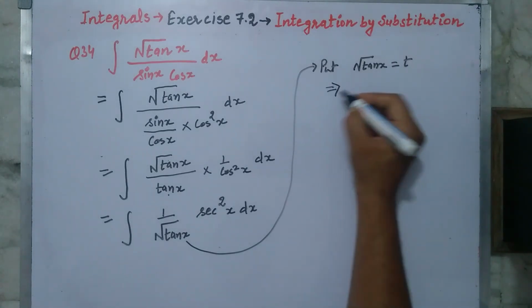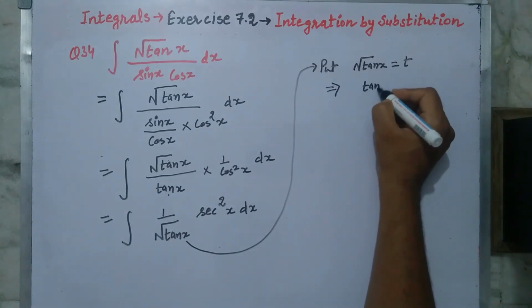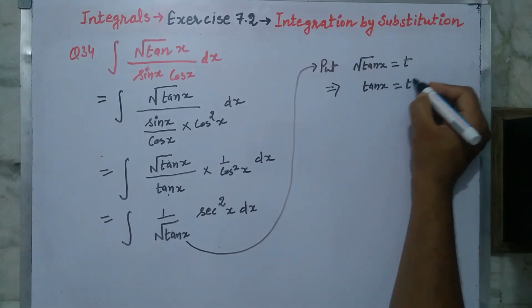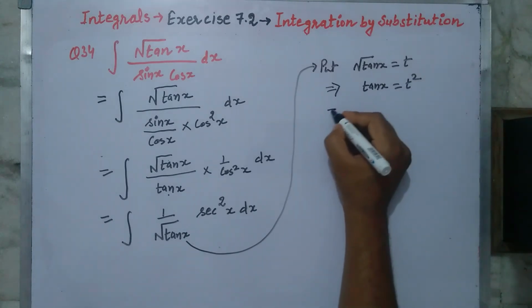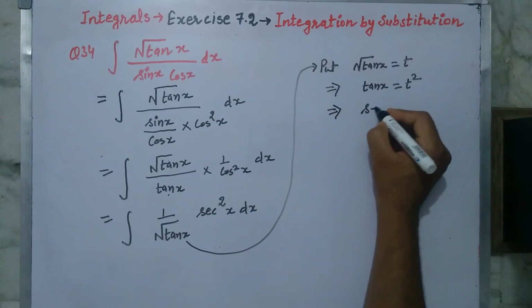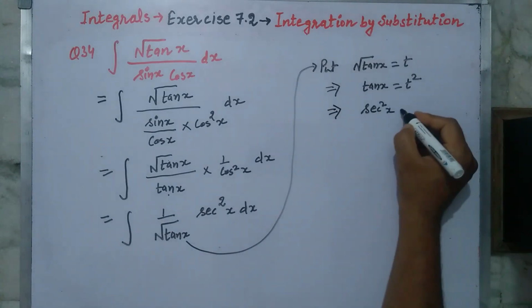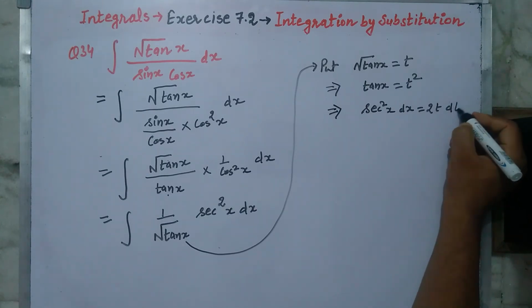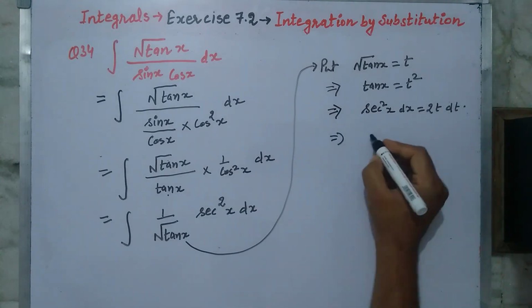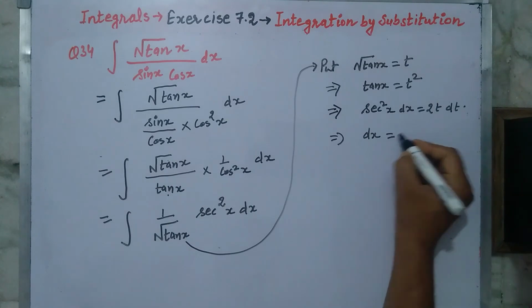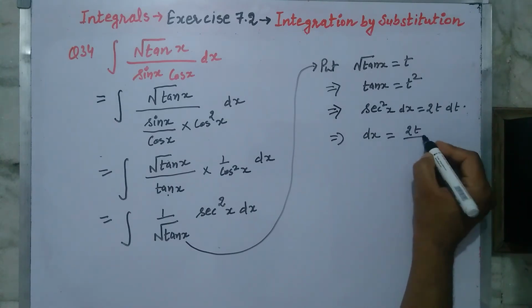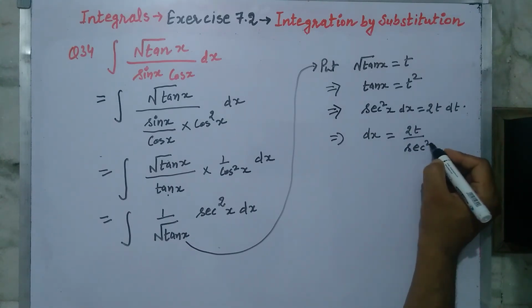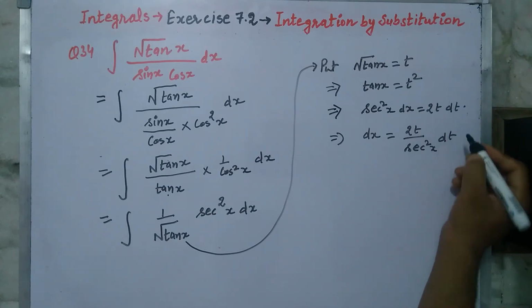That means tangent of x is equal to t square. So we write secant square x dx is equal to 2t dt. That means dx is equal to 2t upon secant square x into dt.